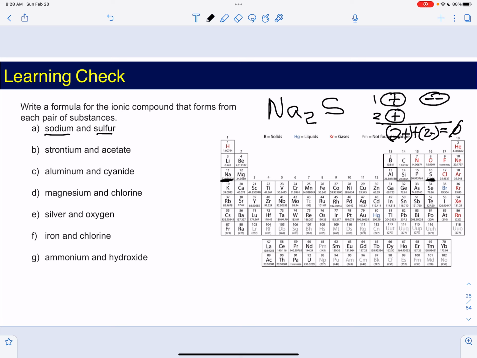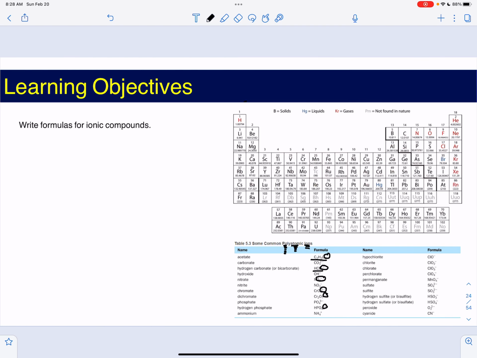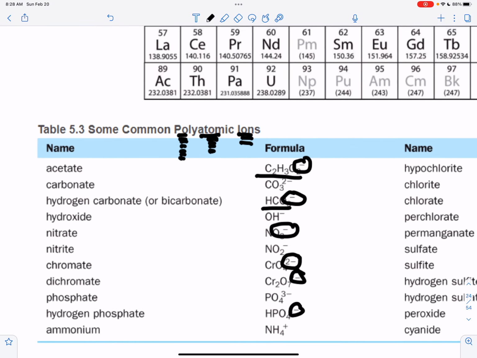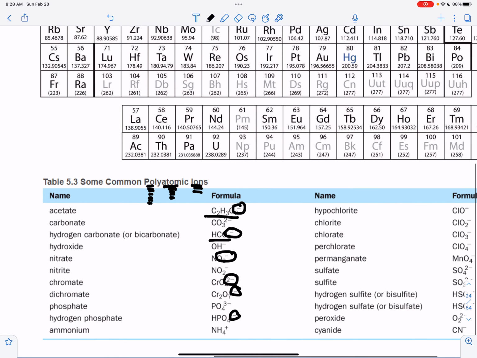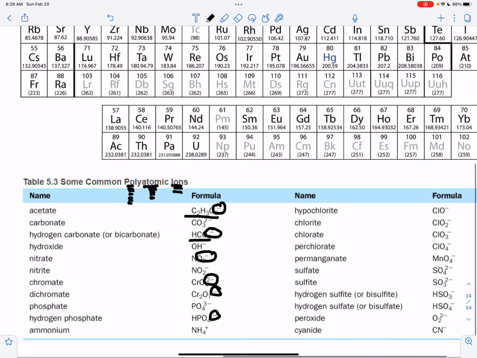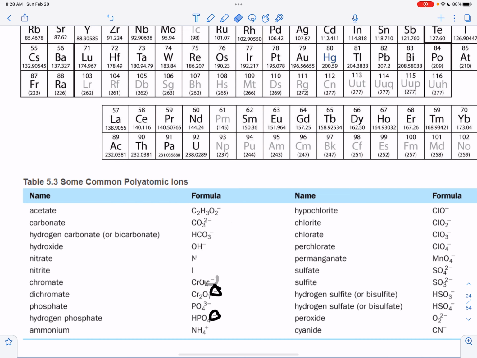Let's do another one. Strontium and acetate. Strontium is going to be there, and acetate, I can spend the rest of my life looking for acetate on the periodic table because it's not going to be there. That's why you have to be familiar with this list. If it's not on the periodic table, it's because it's one of these here.